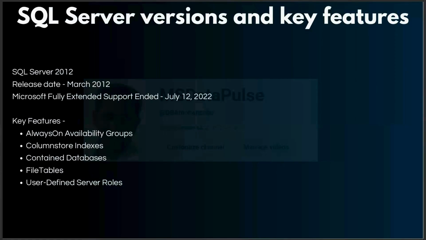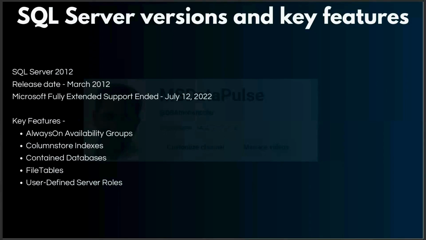Next is the user-defined server roles. User-defined server roles are a security feature that allows database administrators to create custom roles at the server level. Before 2012, we used to have fixed roles like sysadmin, dbcreator, serveradmin, etc. Permissions under these roles are fixed and the user does not have any control over them.